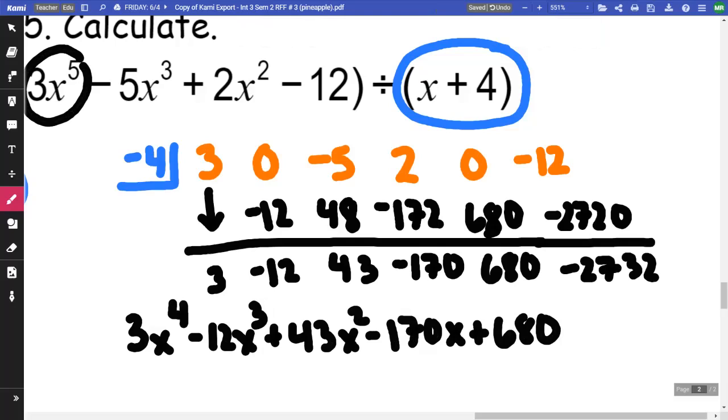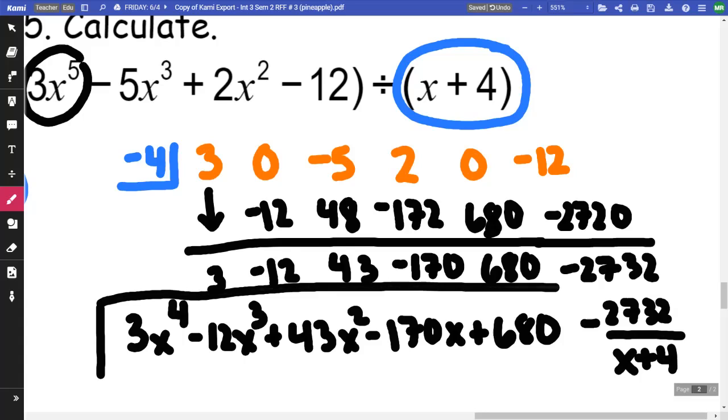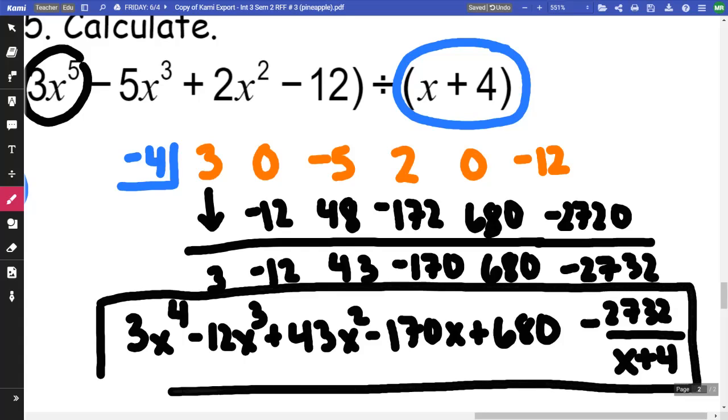And then that negative 2,732 is the remainder. So that's going to be minus 2,732 over x plus 4. And this is your answer. This is what you get. That negative 2,732 is the remainder, but this is your answer when you are doing that division.